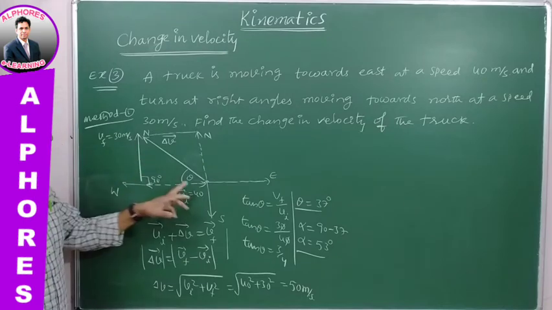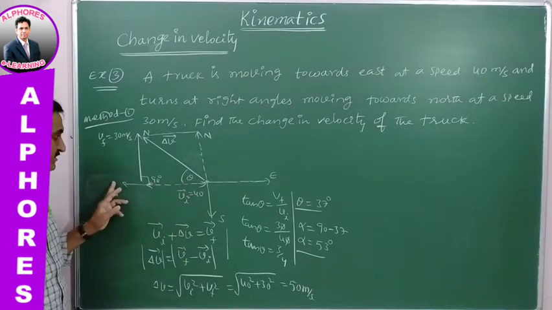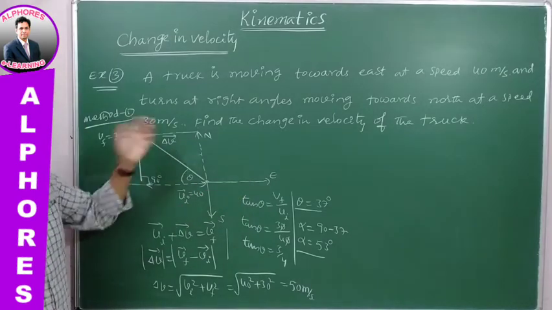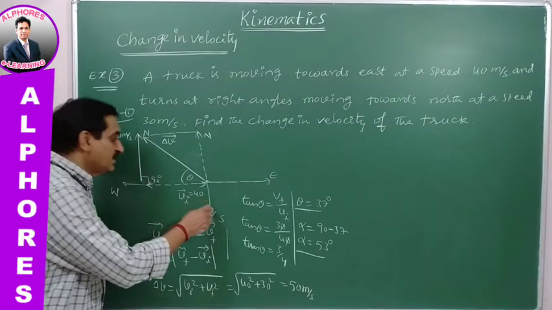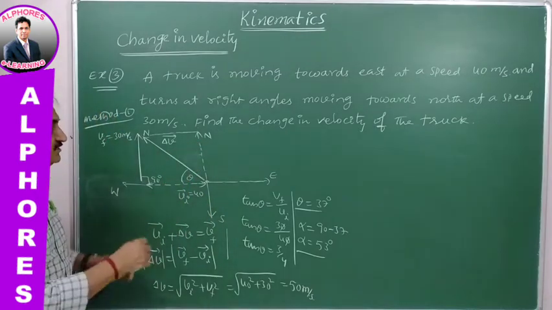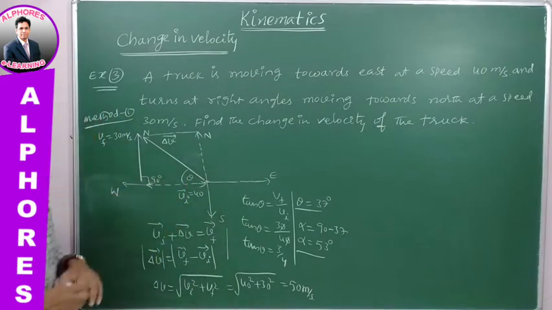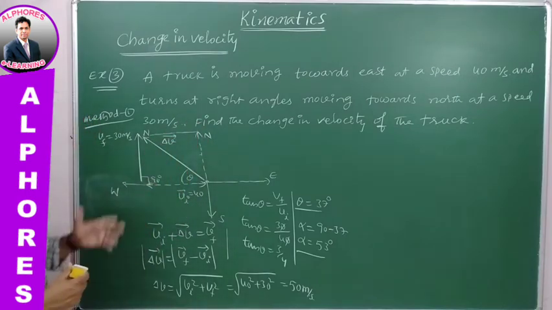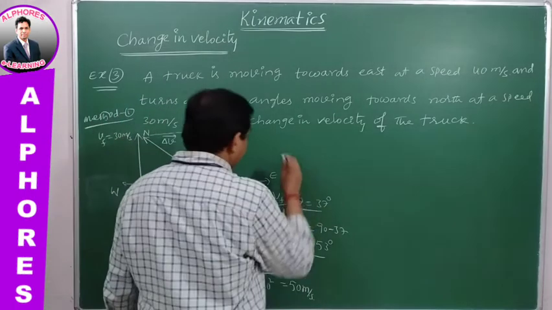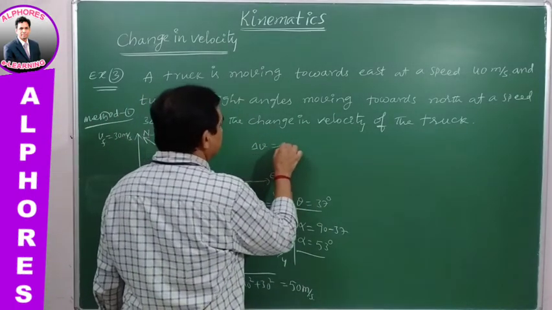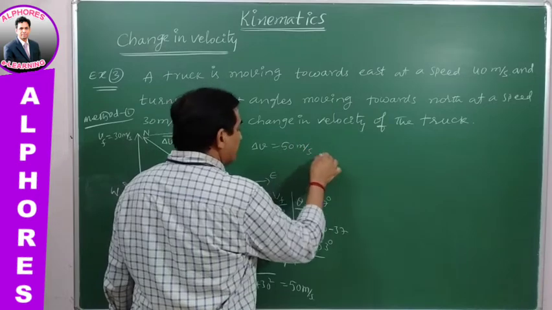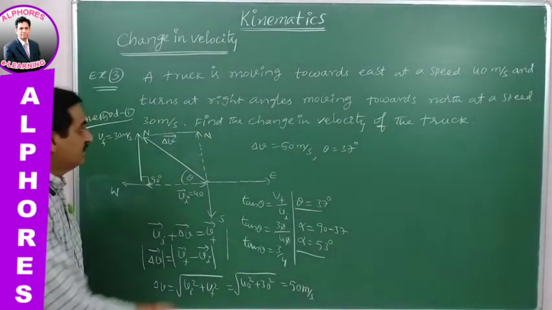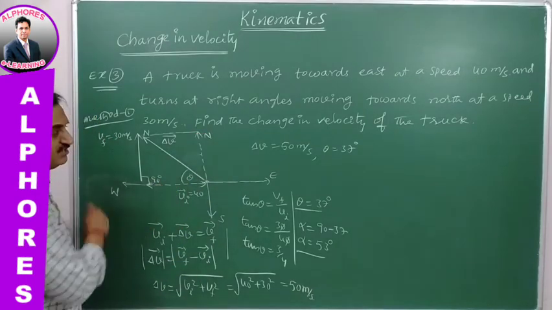Because the change in velocity makes an angle theta with west. So in these north-south directions, the change in velocity is either towards north or south. It is very clear, it is towards north. Therefore, here the naming gives that the change in velocity is 50 meters per second at an angle theta equal to 37 degree north of west.